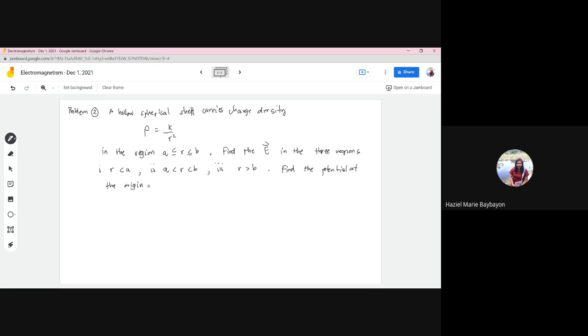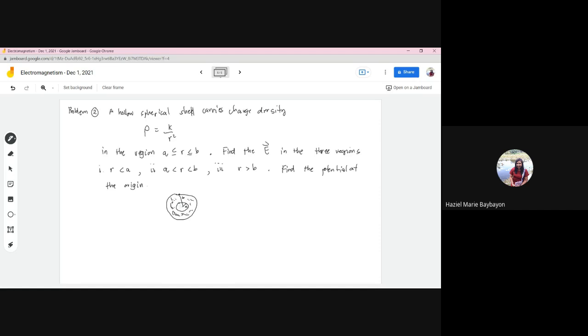Okay, so let us draw first the system. We have a hollow spherical shell. This time it has an inner radius of A, and then it has an outer radius of B. So the charges are here, a uniform distribution of charge. Take note, class, that this is a spherical shell.